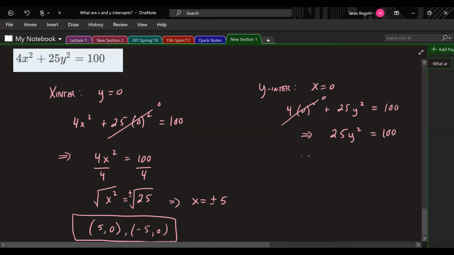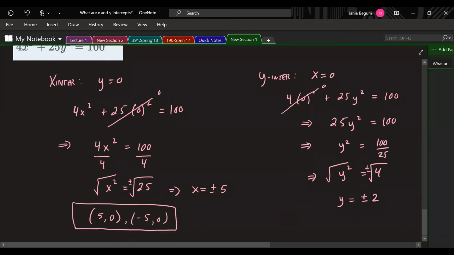And then we divide by 25, so that gives us y squared is equal to 100 over 25, which is 4. Then we take the square root and we remember to put plus and minus. So we have y is equal to plus and minus 2. So we have 2 y-intercepts for this equation: 0, comma 2 and 0, comma negative 2. So we actually have 4 intercepts.